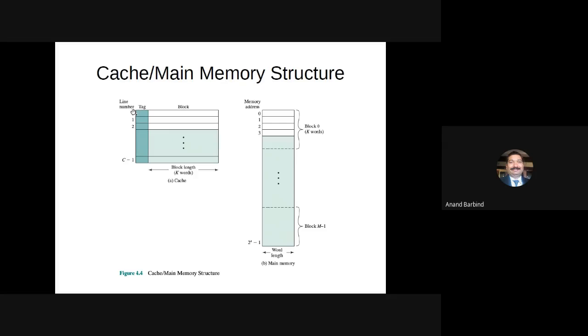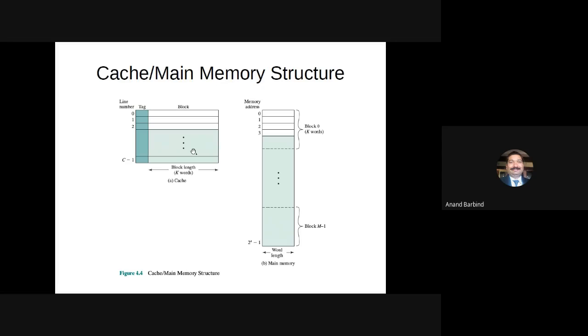Each line contains k words. So you can copy any block and put it into any line, because the number of words that can be accommodated in each line is k, the number of words in one block.